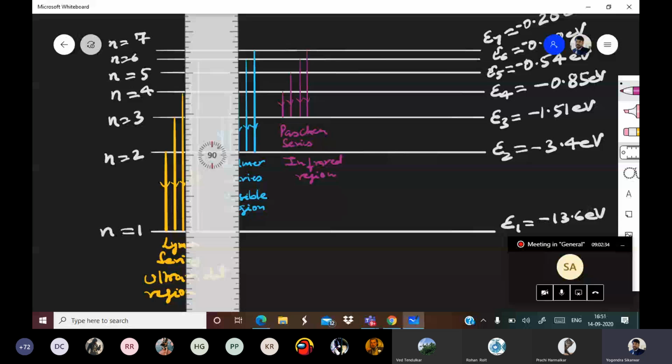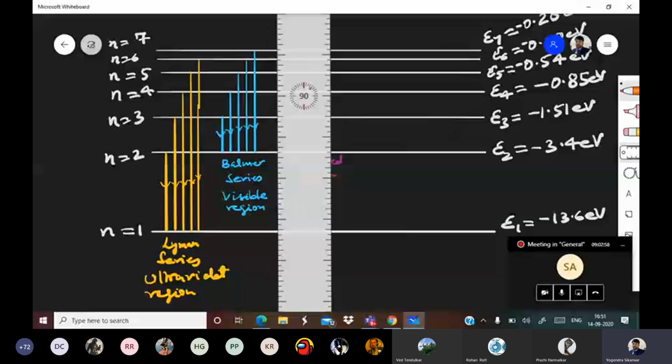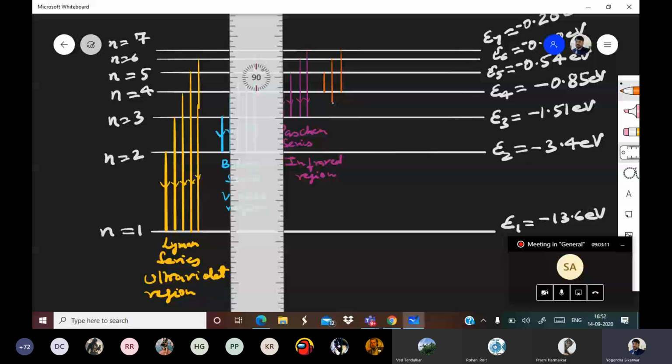All right. Now if an electron transits from here to here, or here to here, or here to here, all these will be in the Brackett series.